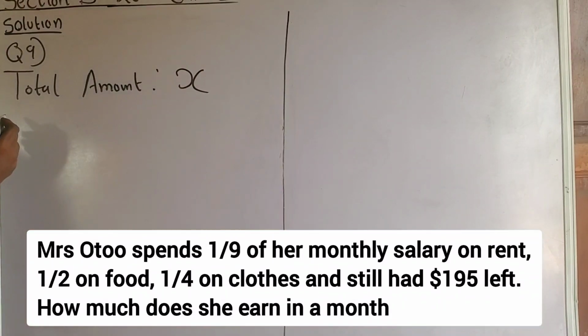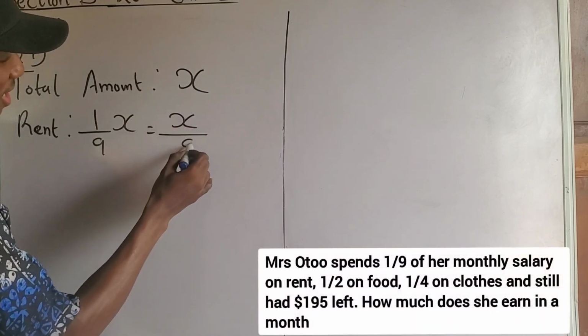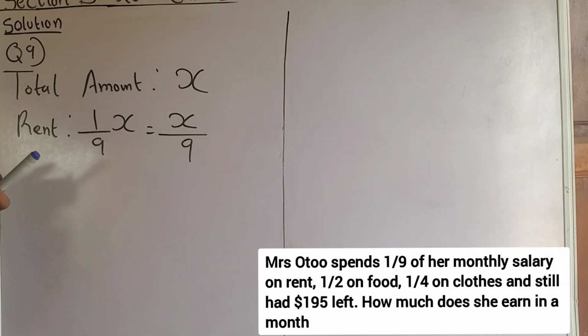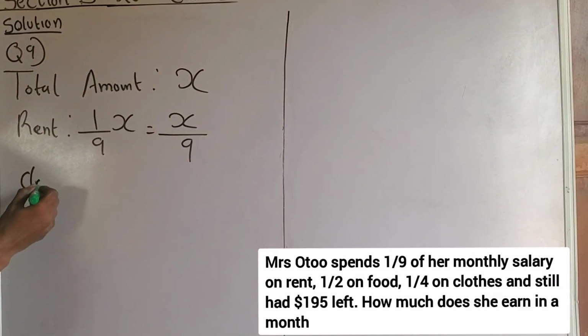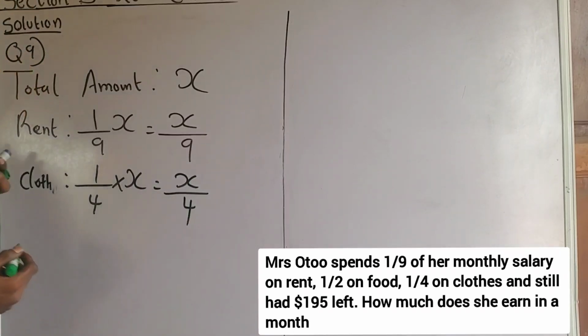Miss Otto spent 1/9 of her monthly salary on rent, so the amount she spent on rent is 1/9 of X, that is X/9. And she spent 1/4 on clothes, so the amount she spent on clothes is 1/4 of X, that is X/4.